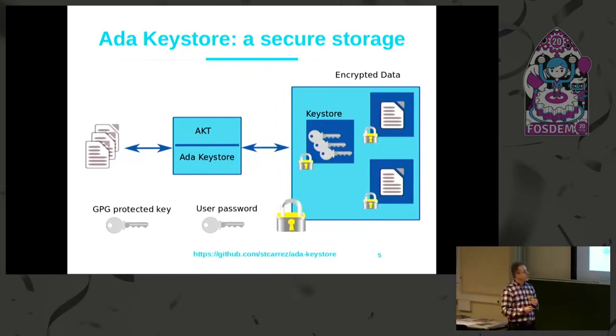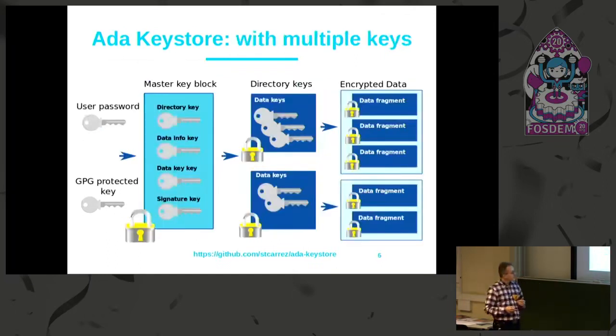And all the keys are then stored in a key store, which is also protected by another key, which is locked by either the user password or a GPG protected key. I have been inspired by LUKS, the encryption system available in Linux.